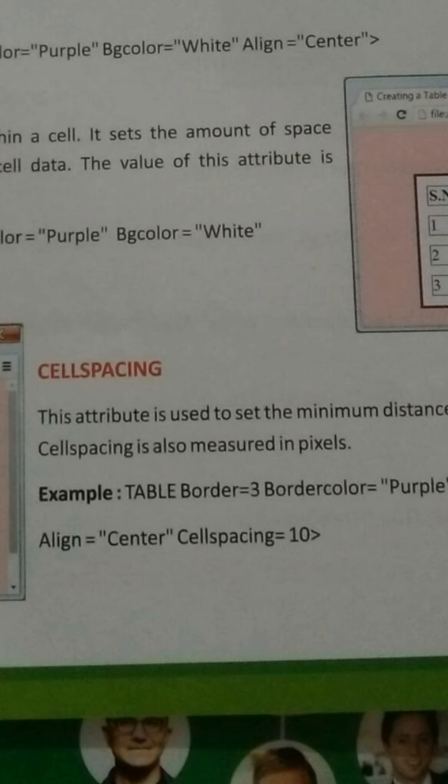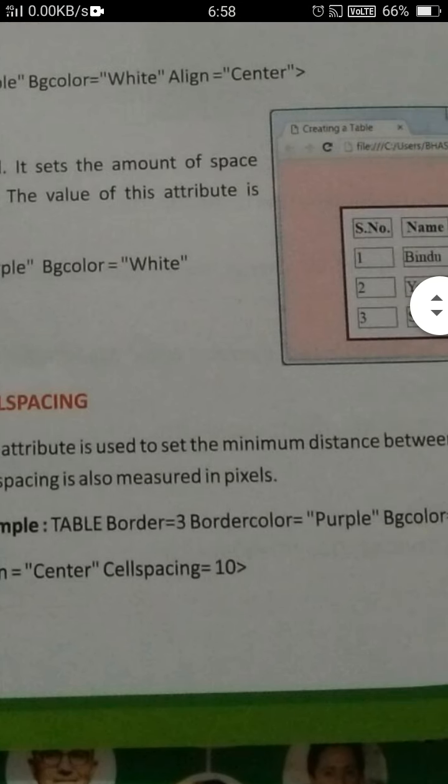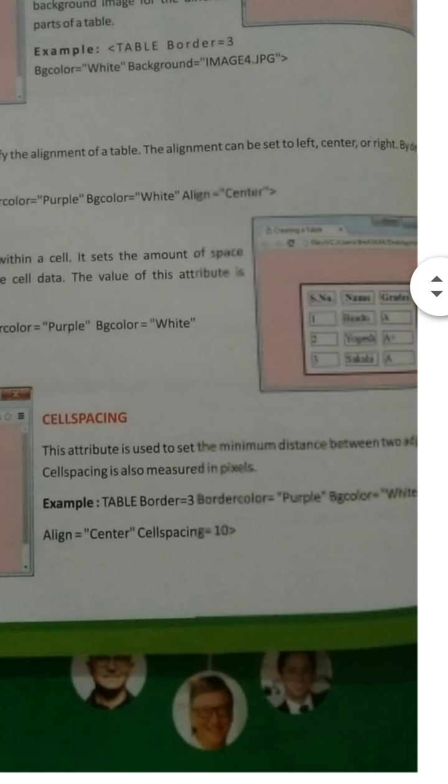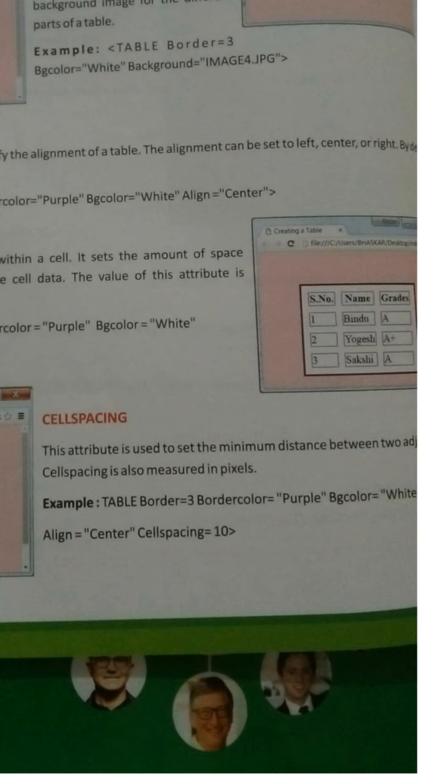The space is given in pixels. In the example you can see table border equal to 3, border color equal to purple, BG color equal to white, align equal to center, and cell spacing equal to 10. All these attributes I have told you in the last programs.